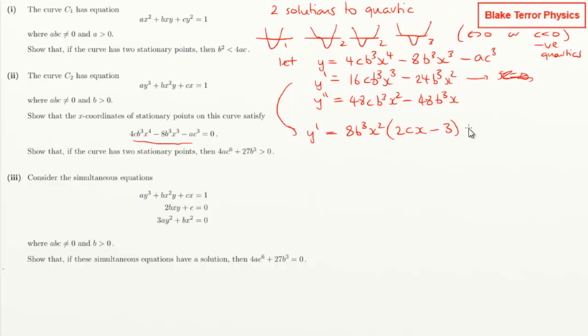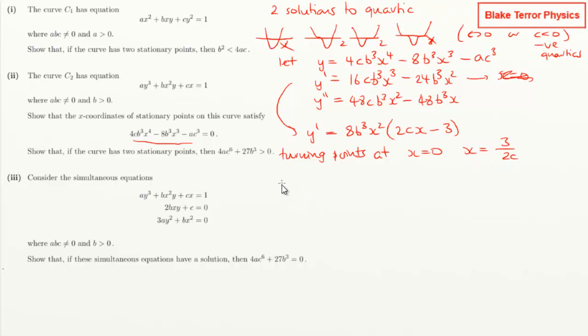Okay, so turning points, yeah, I've got 2 of them, so it's not going to be that one or that one. So I must have a minimum or a maximum if c is negative and a point of inflection. So I've got turning points at x equals 0 and x equals 3 over 2c.